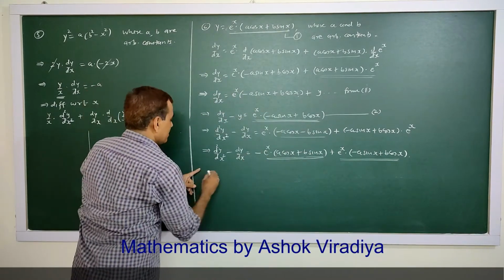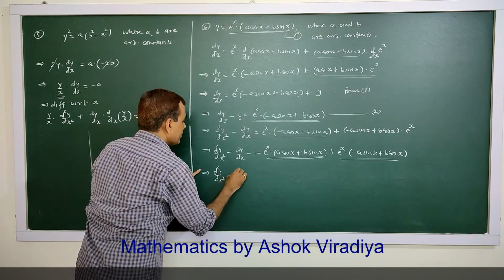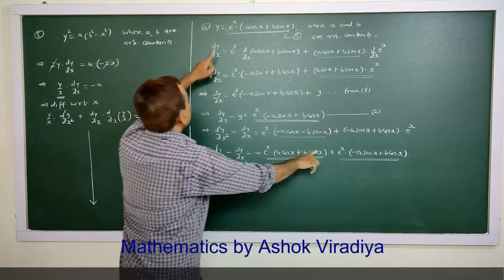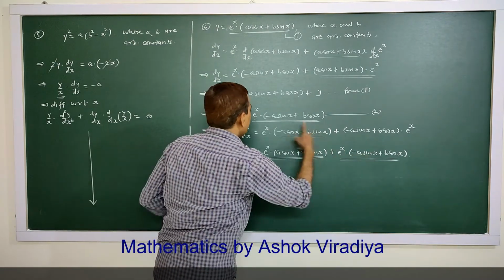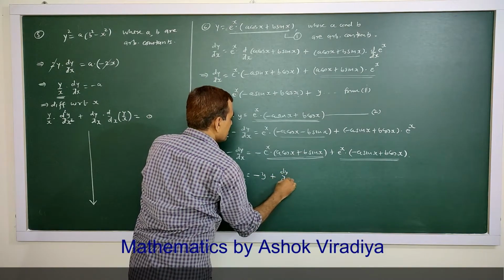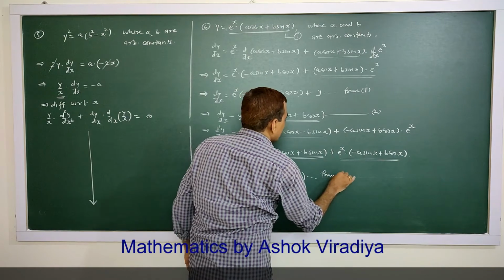So here d square y by dx square minus dy by dx equal to minus, keep as it is, this is y, and plus this number is dy by dx minus y. So it is from 1 and 2.